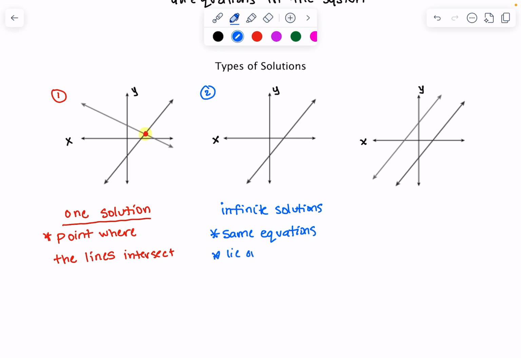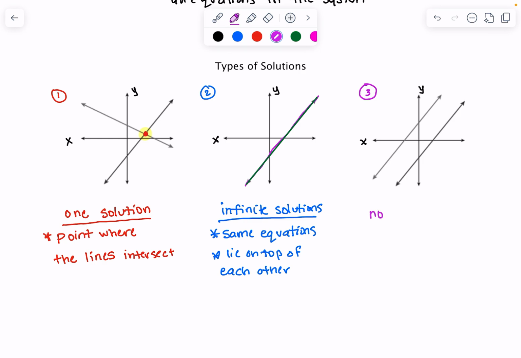They lie on top of each other. So I basically have maybe a line that's in purple like this, and then maybe I have a second line that's in green and it's right on top of it. That's infinite solutions.